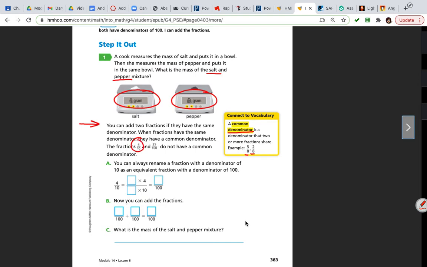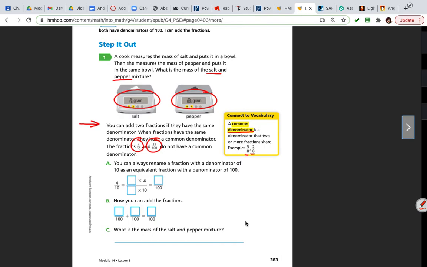You can always rename a fraction with the denominator of 10 as an equivalent fraction with the denominator of 100. A few modules ago, we did common denominators by multiplying or dividing the fractions out. Today it's actually really easy.